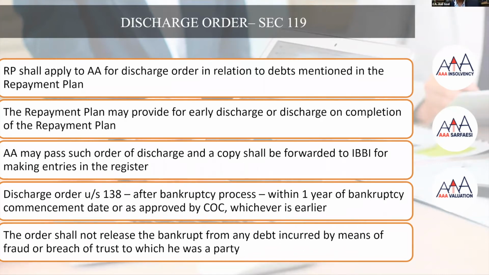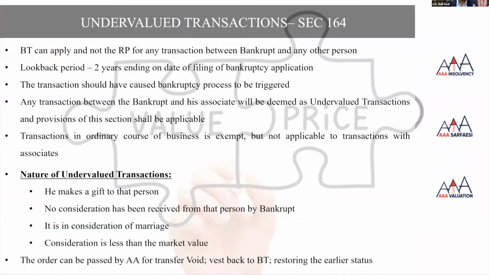So everything would be cleared. All commercial liabilities would be cleared. Criminal liabilities would never be extinguished. However, all those debts which are incurred by means of fraud or breach of trust would also not be cleared.